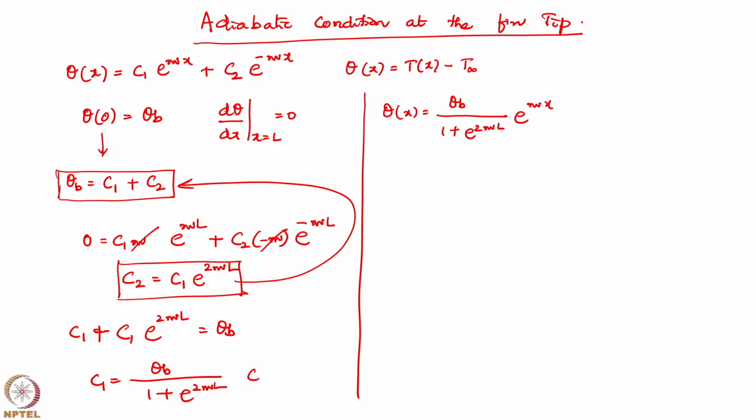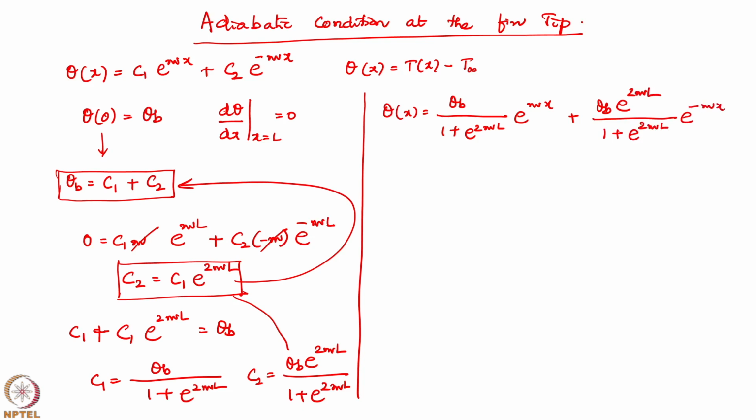Now, C2 can be written as C1, that is theta b, e to the power of 2mL divided by 1 plus e to the power of 2mL. So, I can substitute this as theta b e to the power of 2mL divided by 1 plus e to the power of 2mL, e to the power of minus mx.